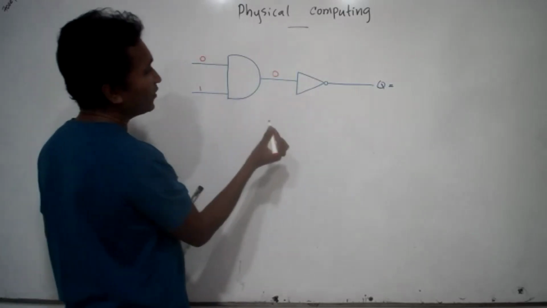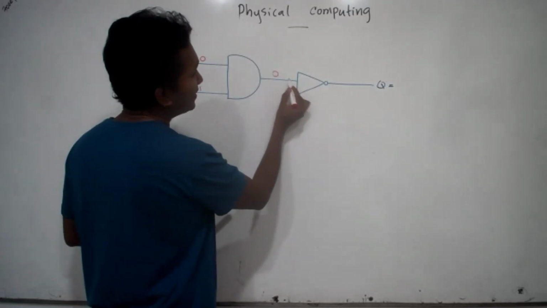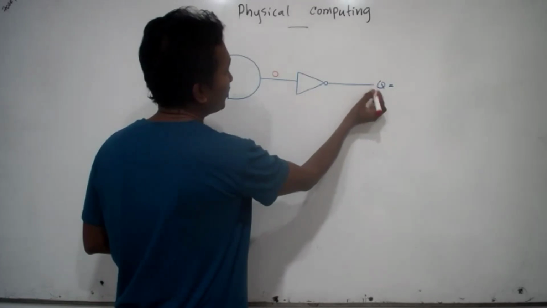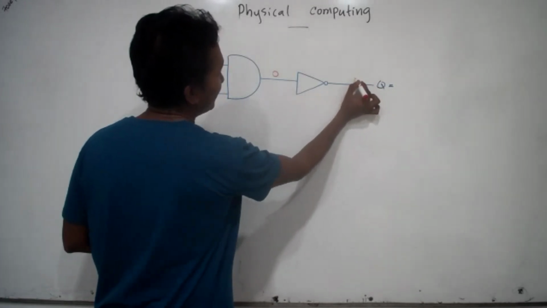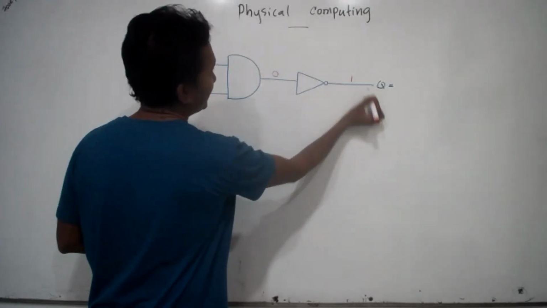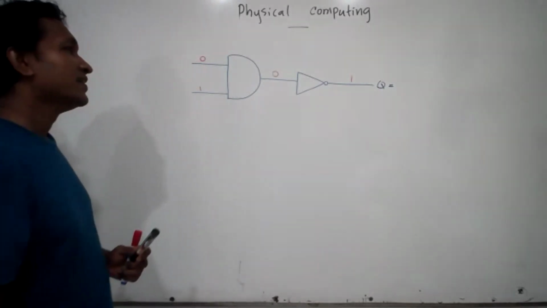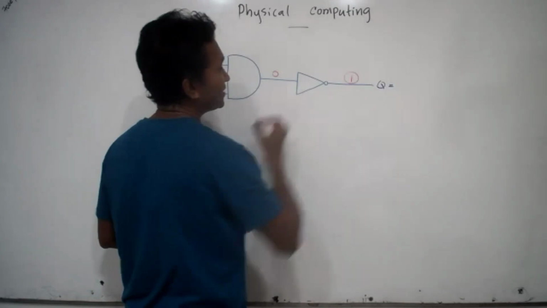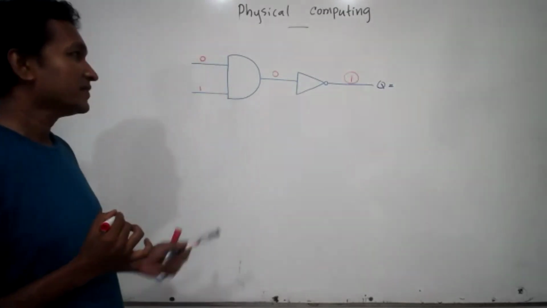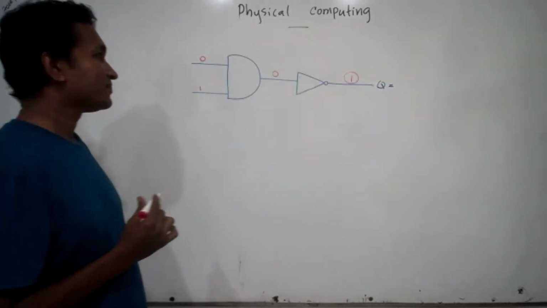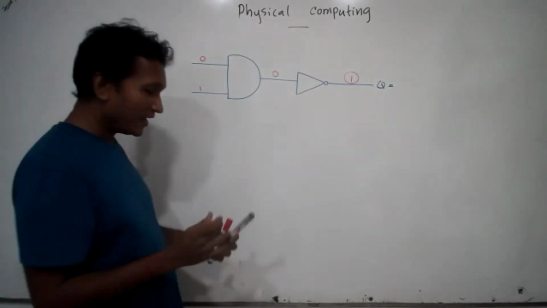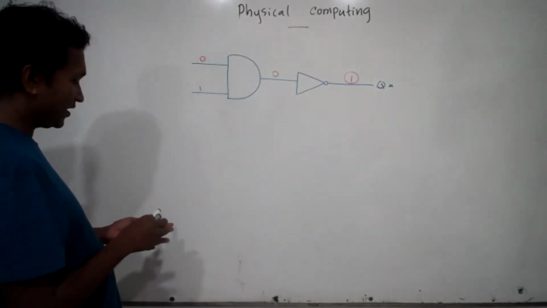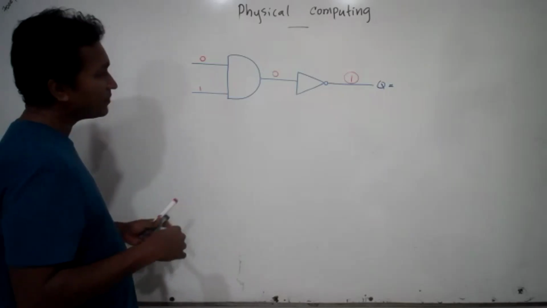When this 0 is input to this NOT gate, what will be the output? 1. Right, very good. Then this will be the final output, or final outcome. The result is 1. That is how we get the output from combinational logic gates, combined logic gates.